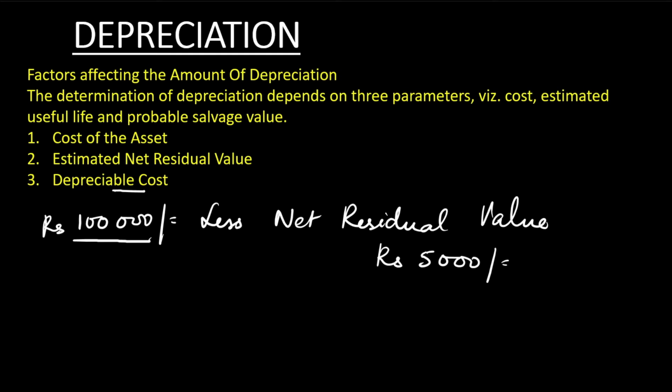So 1 lakh, the cost of the machinery, minus the net residual value, or you can say the sale value, will be the actual depreciable cost, 95,000 rupees. And this 95,000 will be distributed over 10 years.